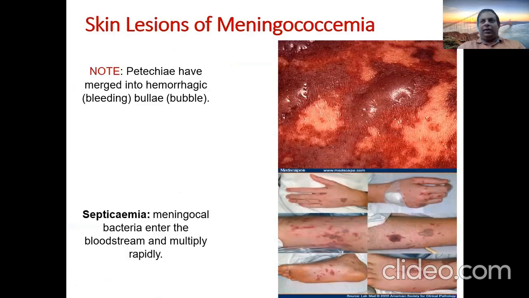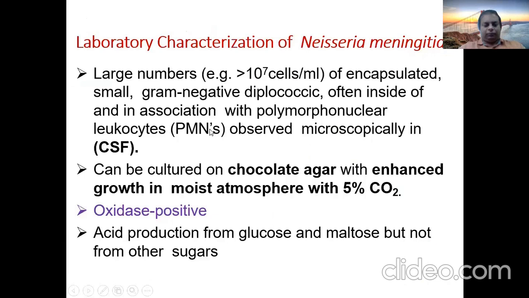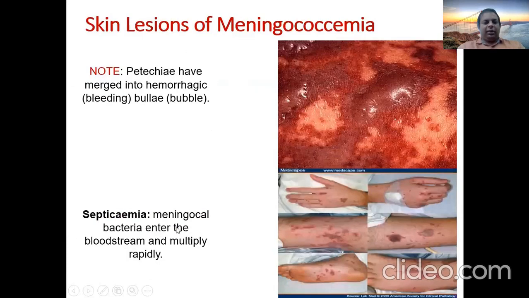Not always, but it gives rise to sepsis. We can see petechiae merging into hemorrhage, bleeding and bullae on the skin. At the same time, meningococcal bacteria enter there. As I said earlier, that's one feature of meningococcal septicemia.